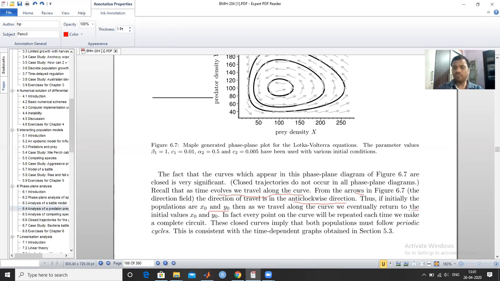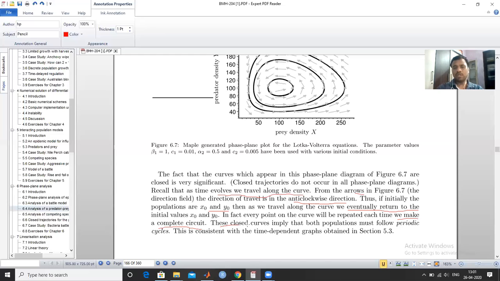In fact, every point on the curve will be repeated each time we make a complete circuit. We start from a fixed point, and after some time we reach that point again.